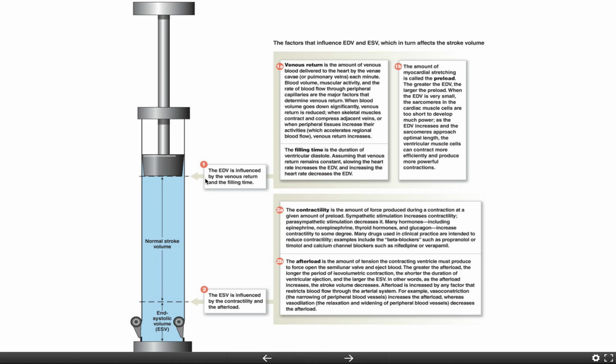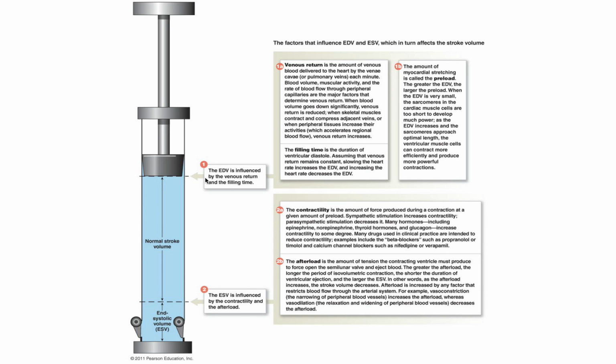So the end diastolic volume is influenced by, we use EDV to abbreviate end diastolic volume. It's determined by the venous return, which is basically how much blood is coming back to the heart, which is influenced by pretty much our exercise. The filling time, which is how long the heart waits in between contractions, and then the preload or the stretch of the heart.